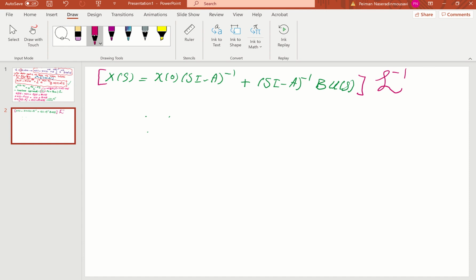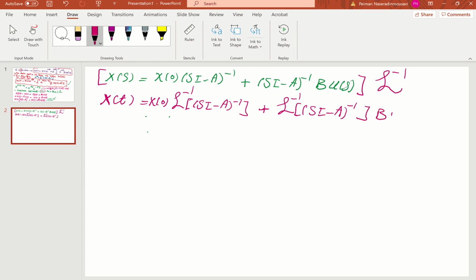If you do that, you get x of t, a vector again, equal to x at time 0 times the Laplace inverse of (sI minus A) inverse, plus the Laplace inverse of (sI minus A) inverse B U of s.